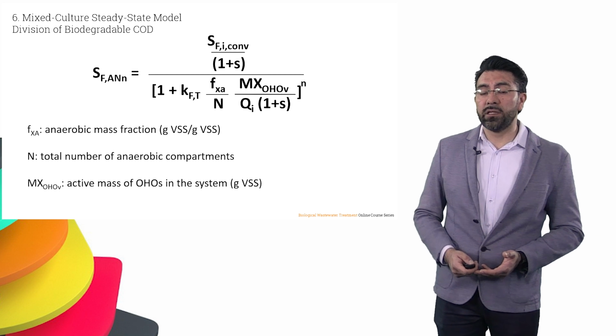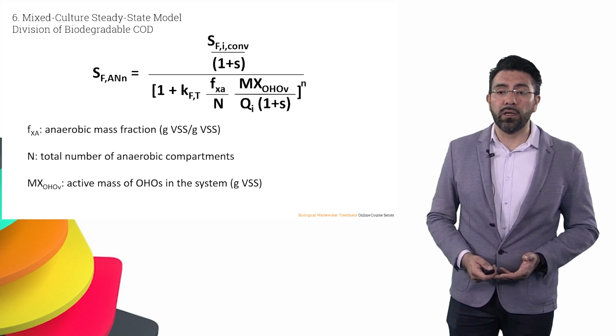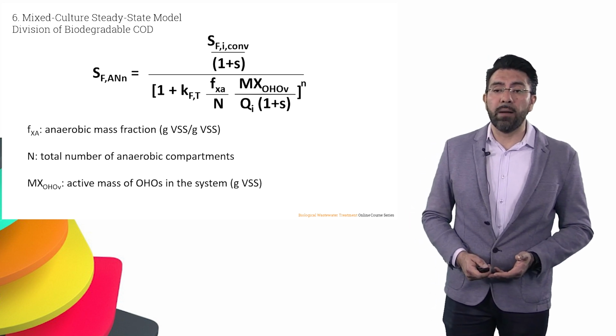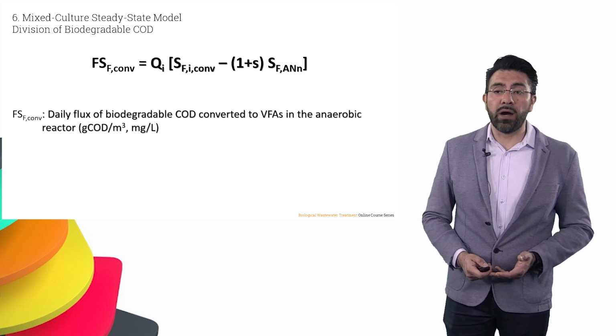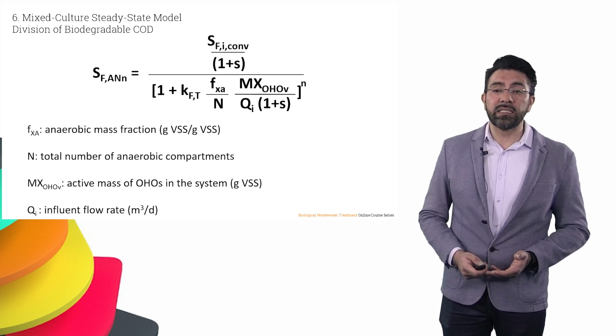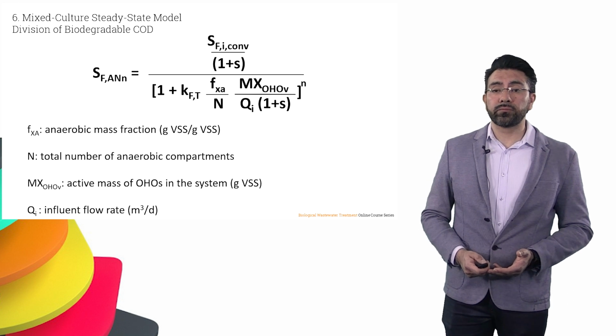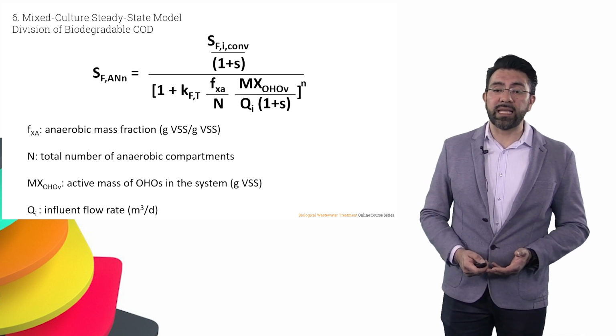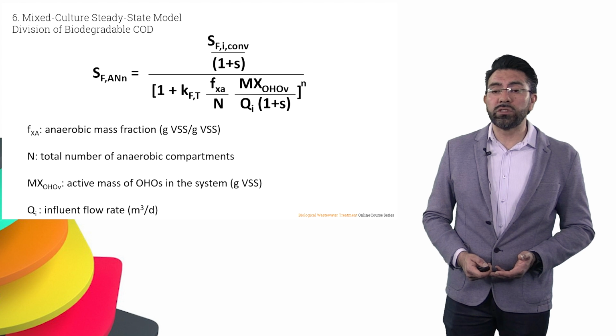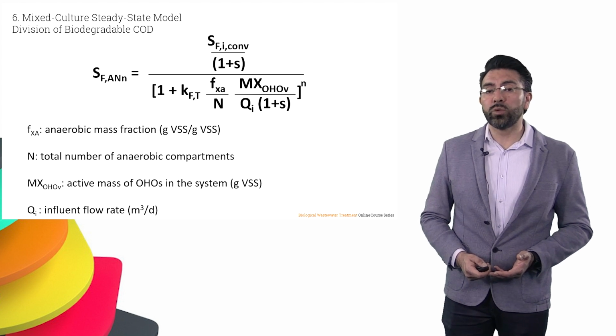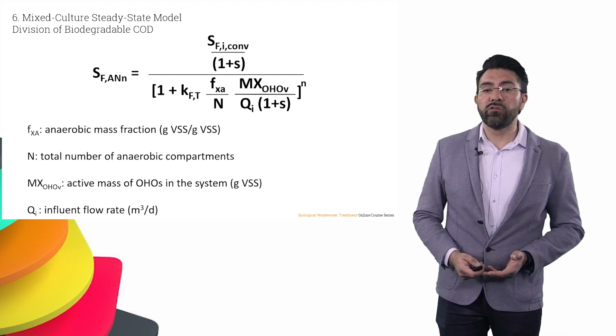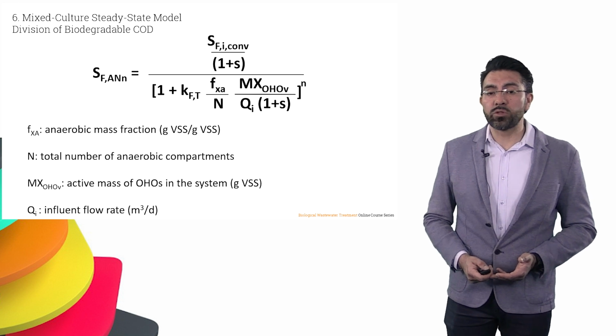The term that we have in the denominator is affected by a power number, the power n, and that is related to the compartment, a lowercase n, and that relates to the compartment where we want to estimate the amount of fermentable COD that escapes from the system.